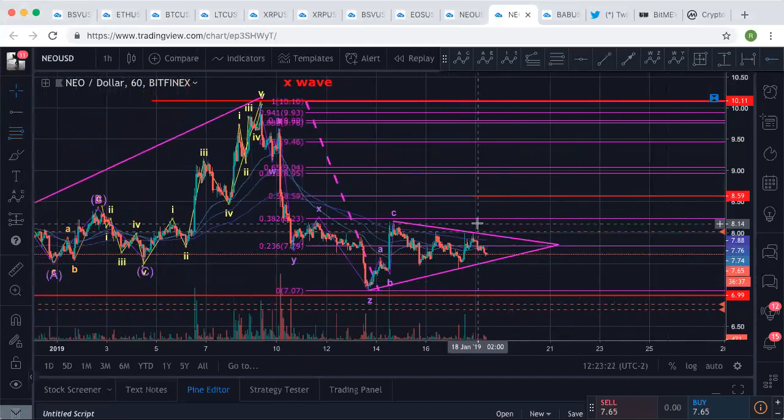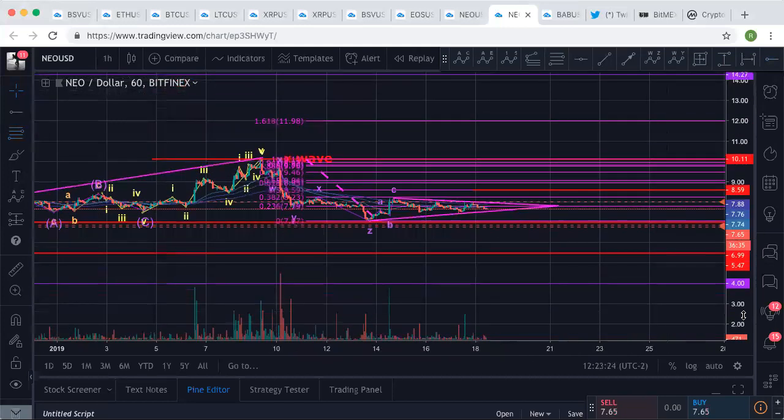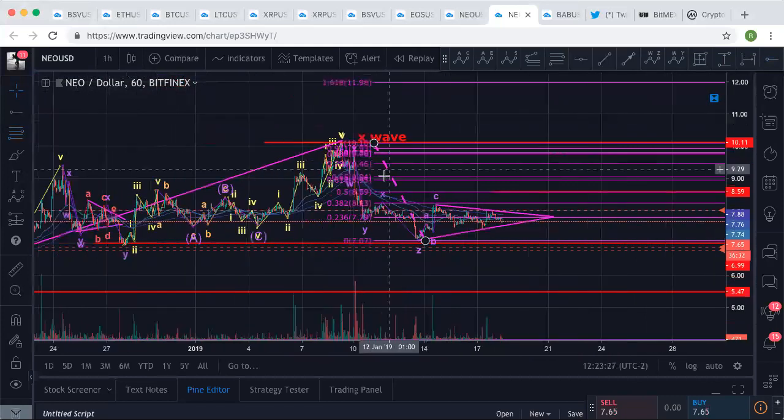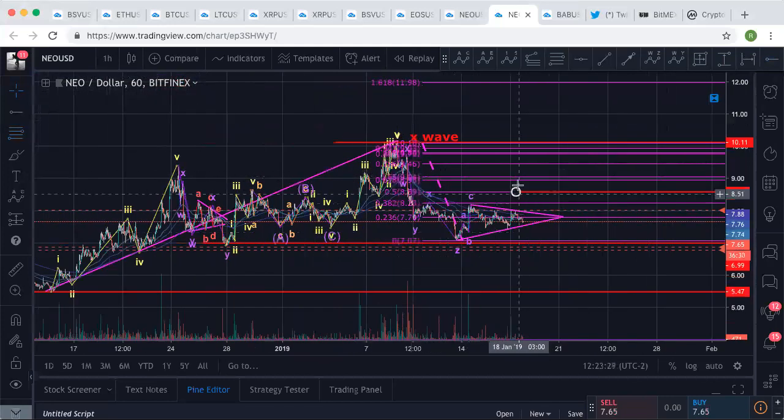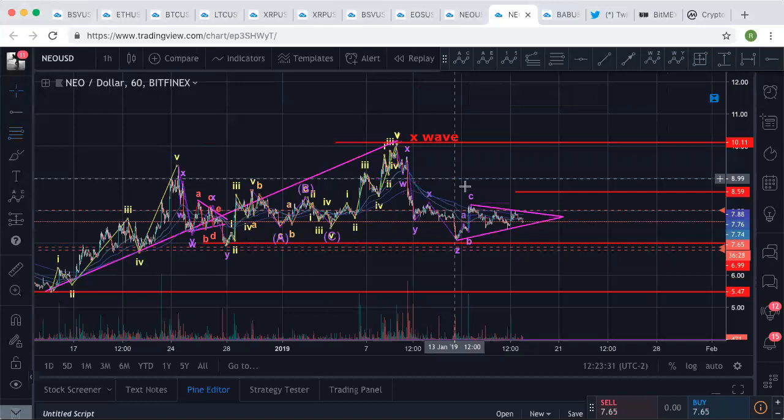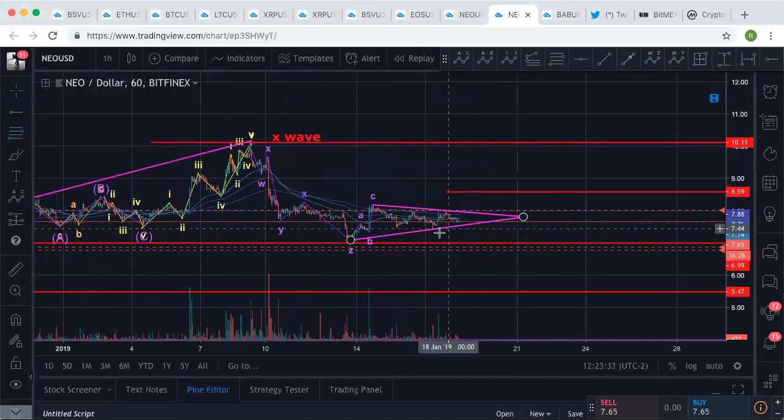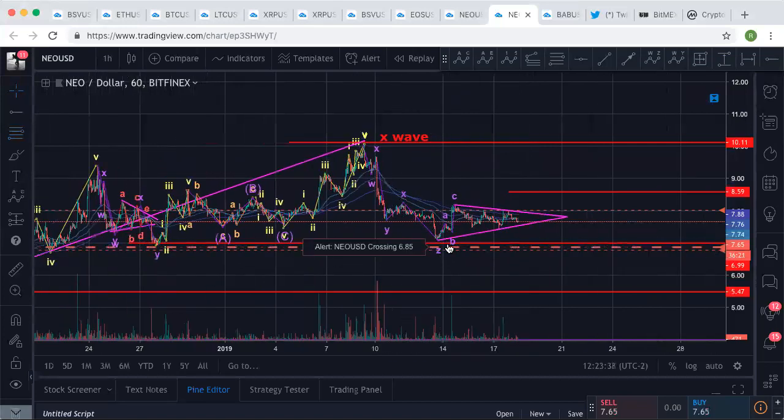So basically, assuming that is the case, that we will either come up here and break down, I can still work out what our bottom targets are going to be. Remember that we have this red line here because this is the break of the bullish divergence.